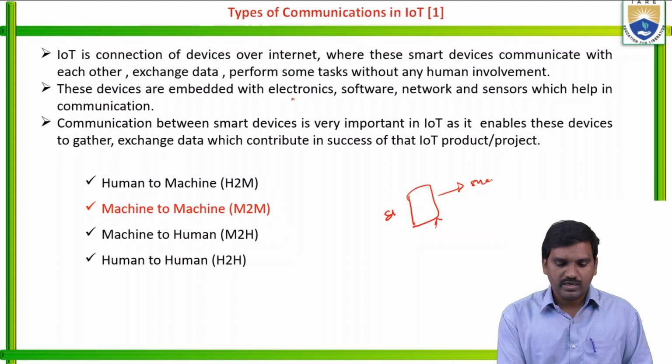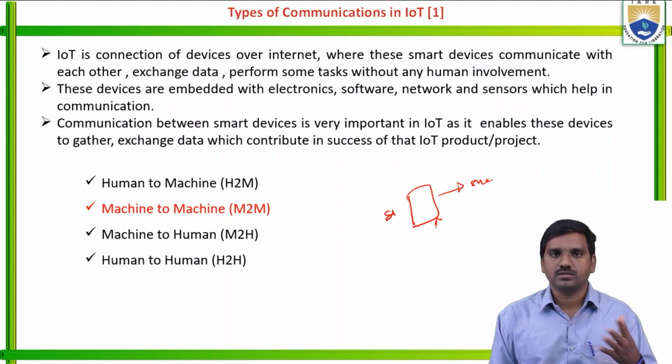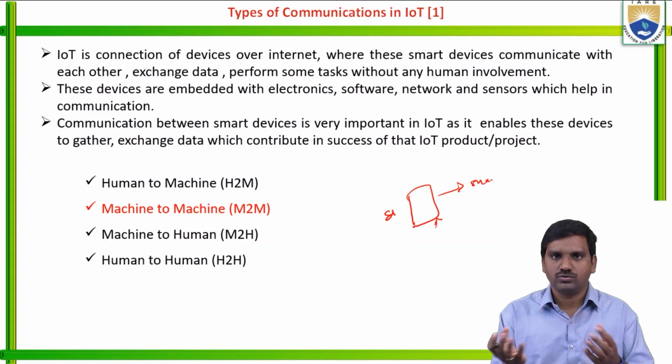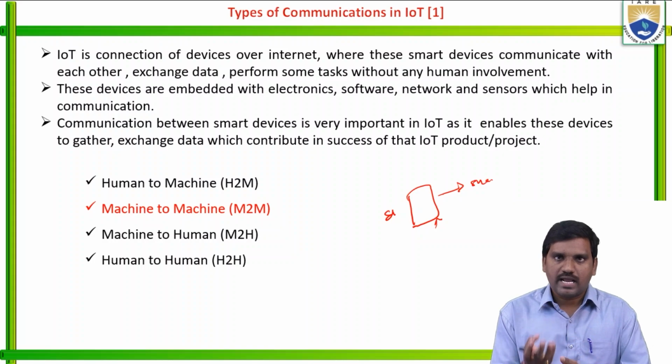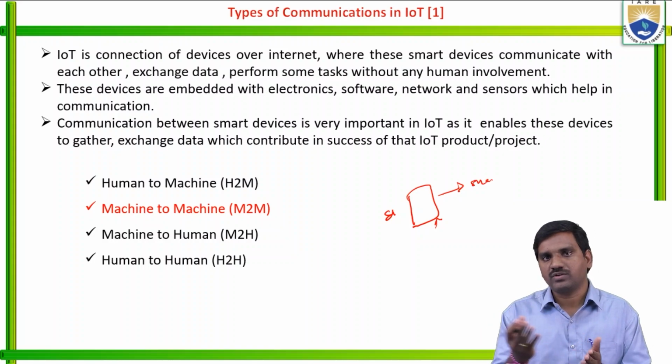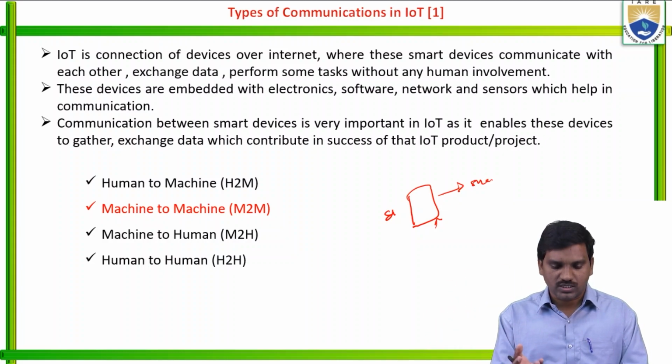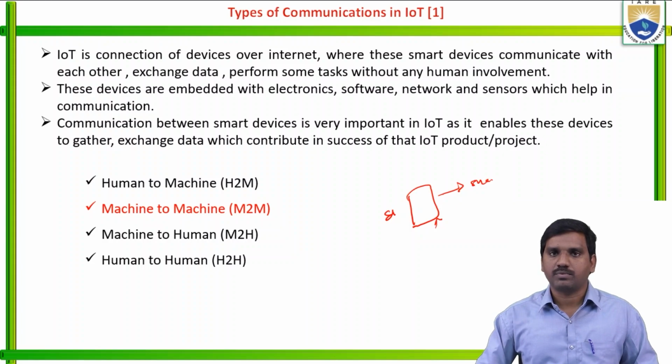These devices are embedded with electronics, software, and networking sensors, which help in the communication system. Communication between smart devices is very important in IoT, as it enables the devices to gather and exchange data, and after collection it can send the data to the required destination, which contributes to the success of that IoT product and project.